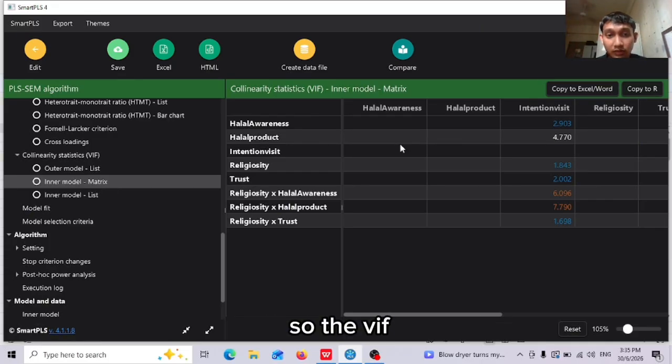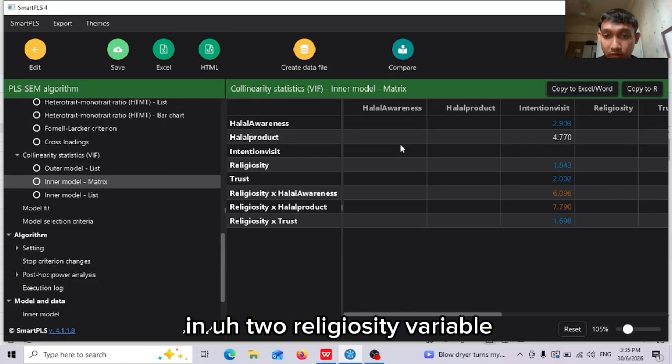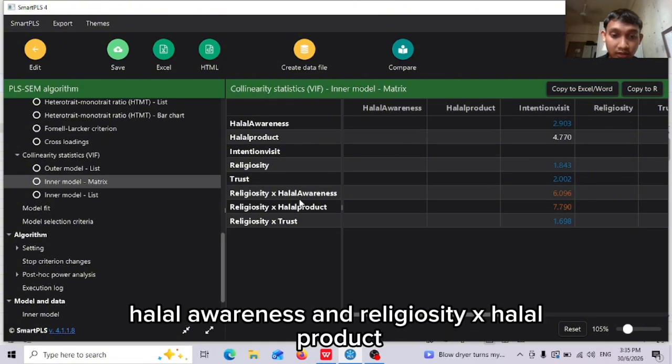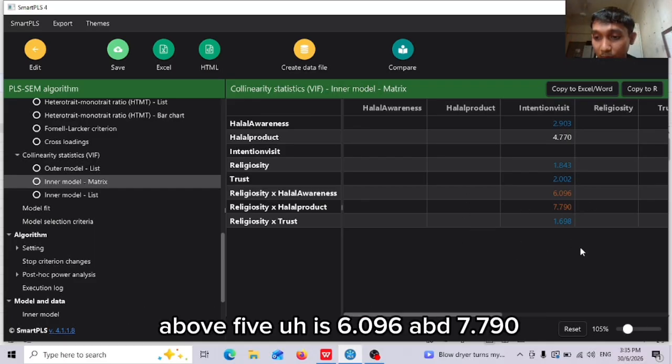The VIF has two variables in the relationship that are more than five: regularity x halal awareness and regularity x halal water.